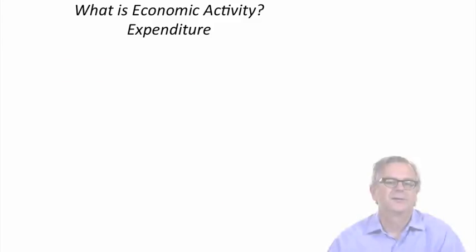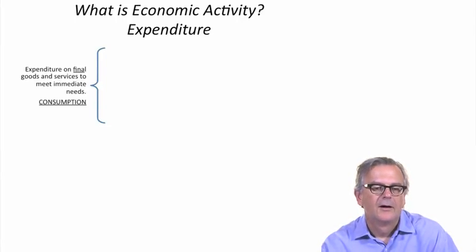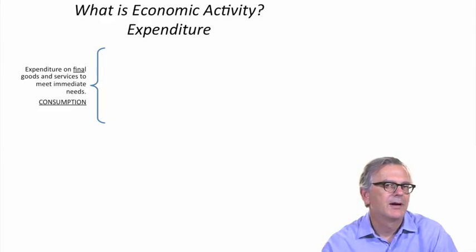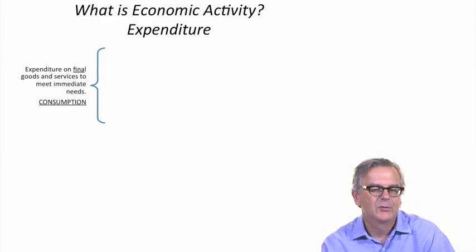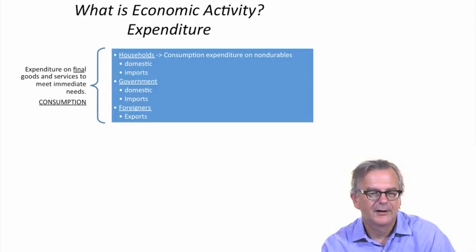What about expenditure? Here we have to be very precise about the type of expenditure we're talking about. Broadly speaking, in macroeconomics, there are two different types of spending, two different types of expenditure that we are going to recognise.